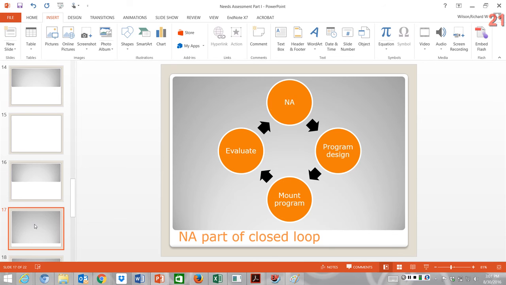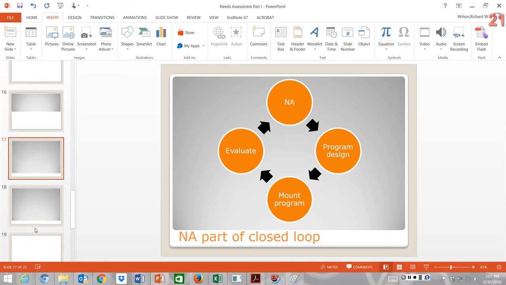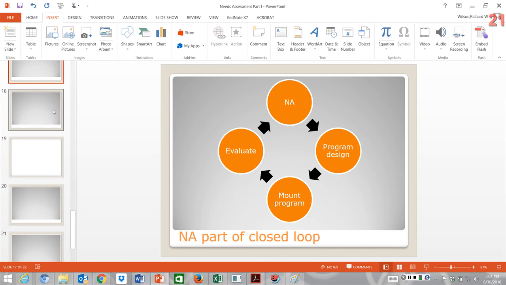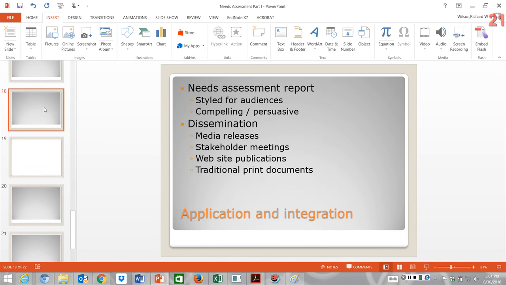Most things in public health are never perfect. We're always fine-tuning, and so there's always a need for evaluation and ongoing needs assessment. Part of the reason for that is because the community is always changing, so the context changes as well.